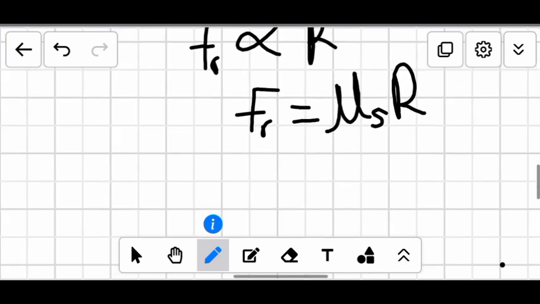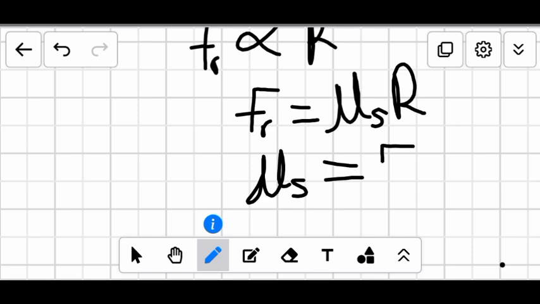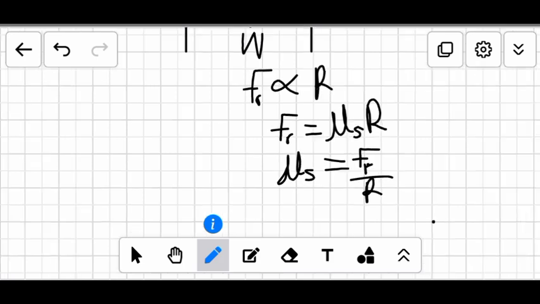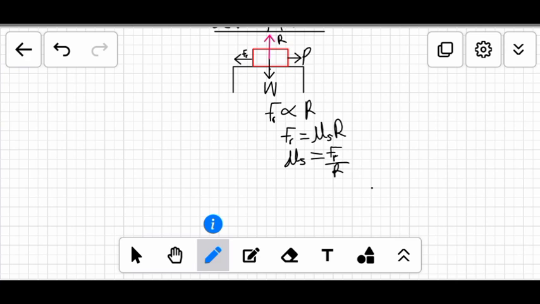Which simply means the coefficient of static friction is equal to the frictional force over the normal reaction. So this is what we have as far as the block and table is concerned.